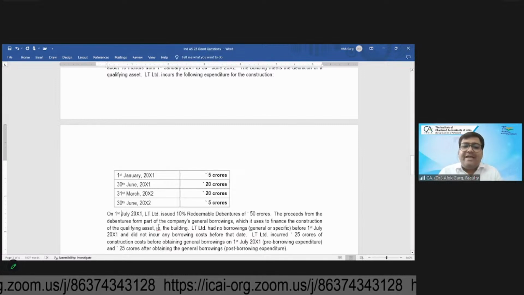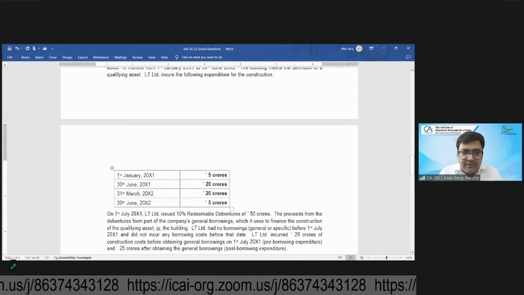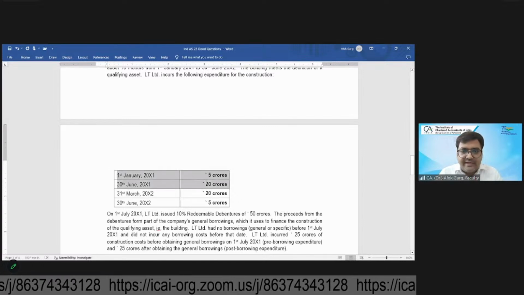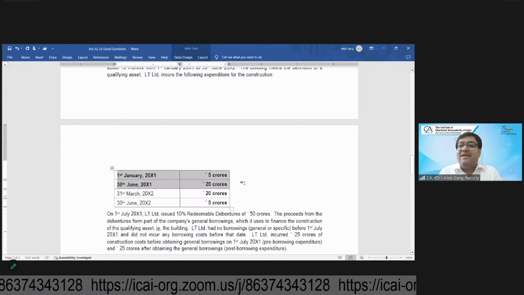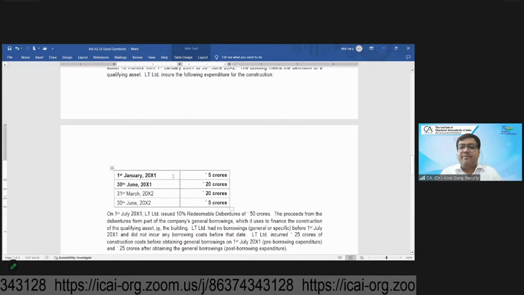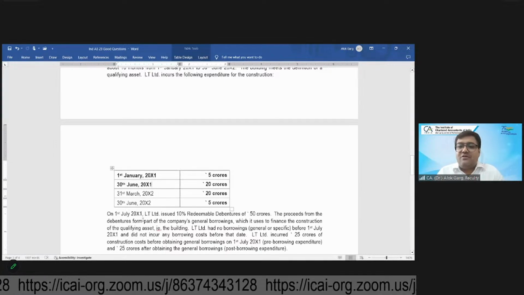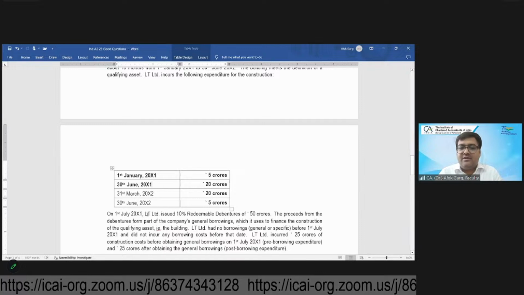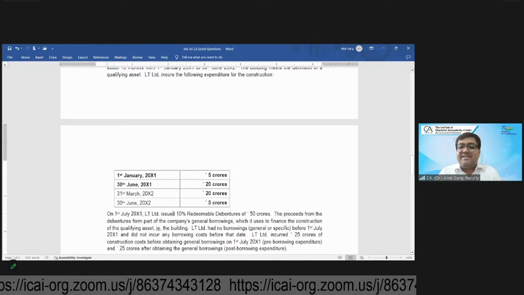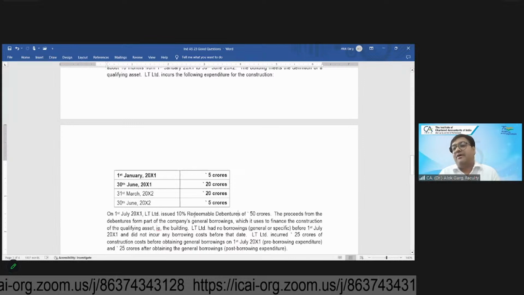On 1st July 20x1, after incurring these two expenses, the company has issued 10% redeemable debentures of rupees 50 crore.